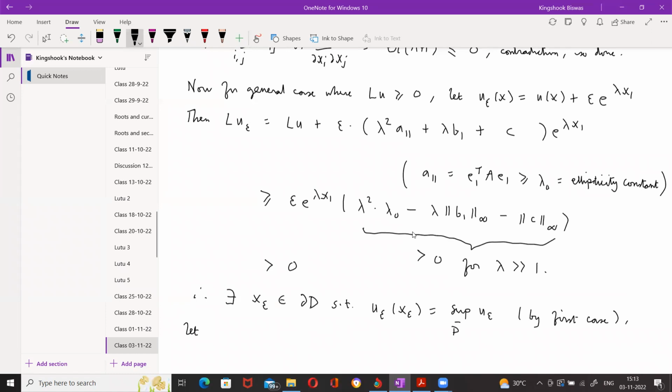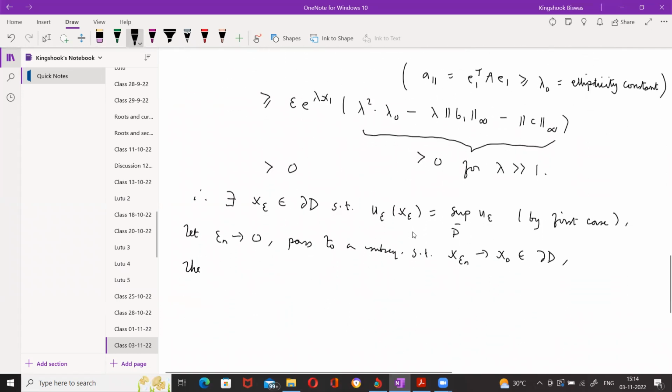Now let epsilon n tend to 0 and pass to a subsequence such that x epsilon n converges to some x naught in boundary D. Then because the u epsilon n's converge to u uniformly on D closure, that implies that U of x naught is equal to the sup over D closure of U.